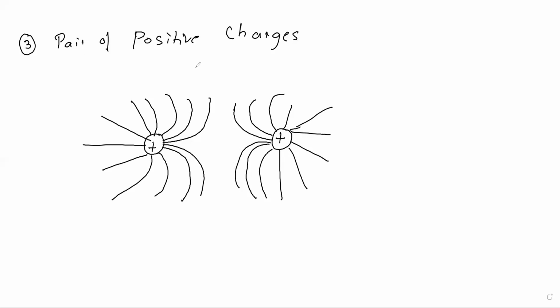Now if I consider a pair of a negative charge and a positive charge, that is a pair of unlike charges, it is called a dipole. So what is a dipole? A dipole is nothing but equal and opposite charges separated by a certain distance. Opposite charges, that is unlike charges, equal and opposite, separated by a certain distance is called a dipole.